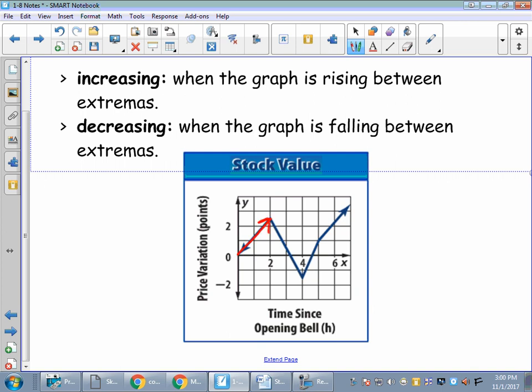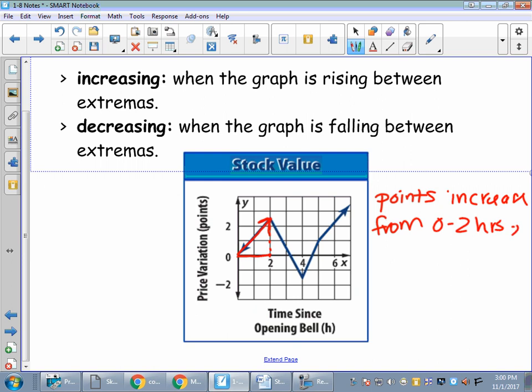We were increasing. So now we're talking about the y values. Points increase, or stock values were increasing, from 0 to 2 hours, because that's the range right here, 0 to 2 hours.